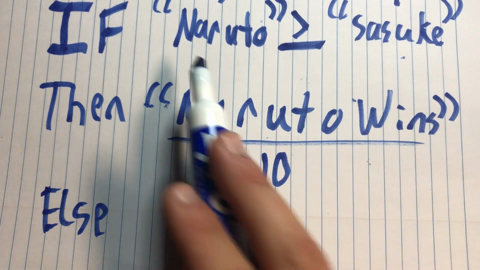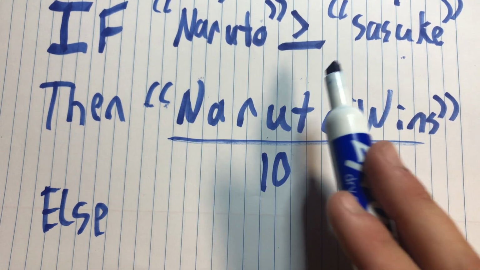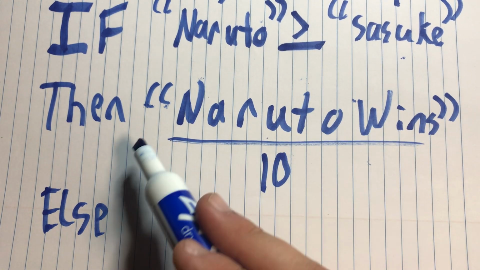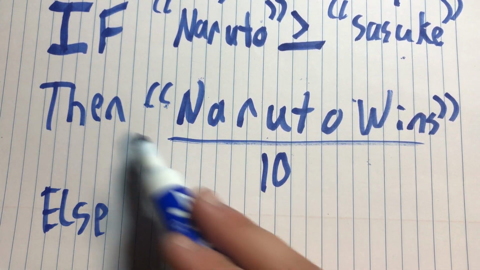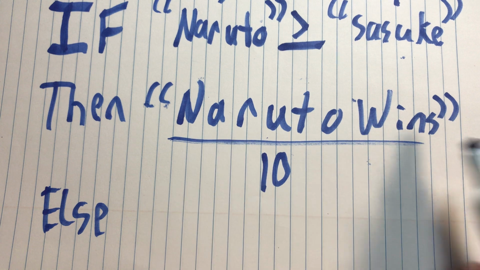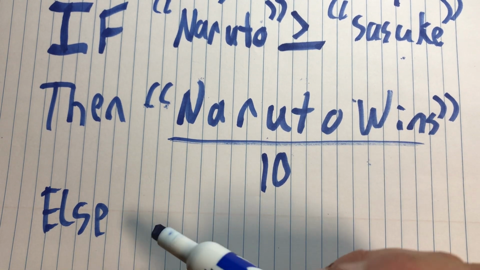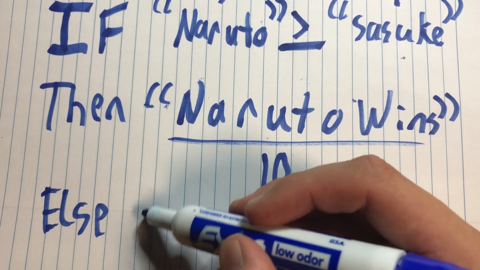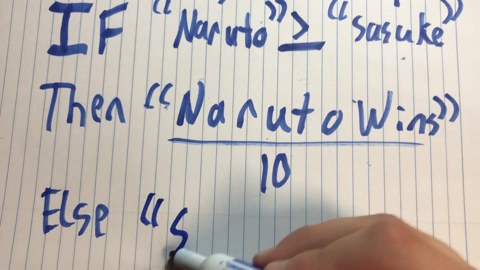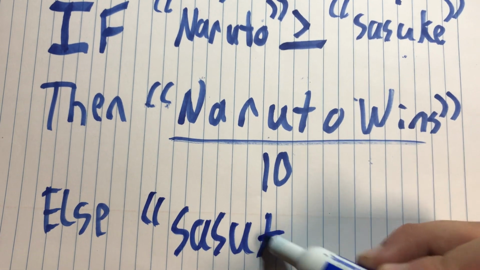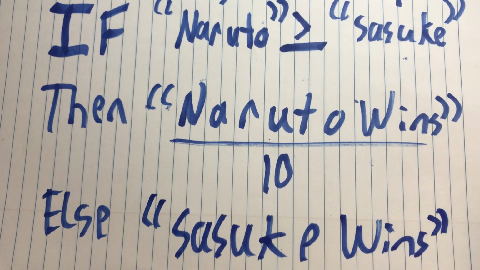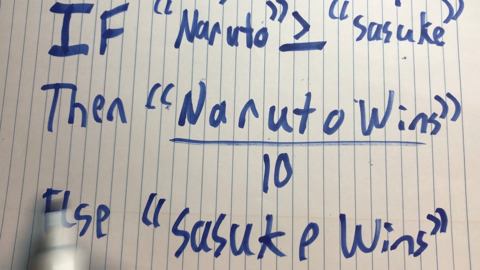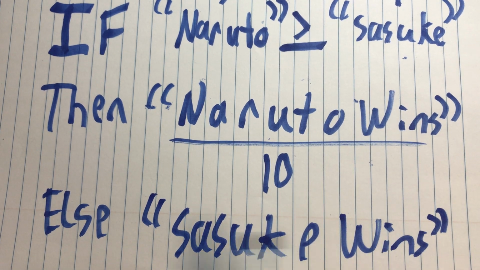So you could say, if Naruto is not greater than Sasuke, then instead of it printing this or displaying this, you could go to an else. And there you go. If this isn't true, then it will display Sasuke wins.